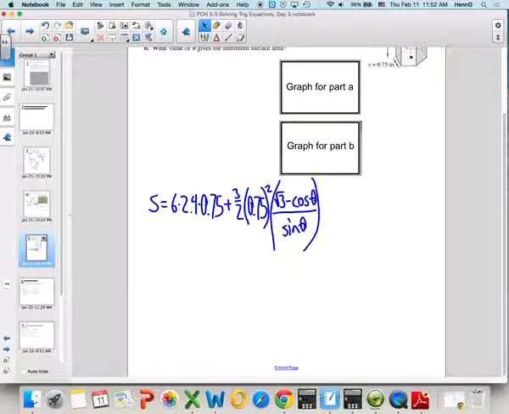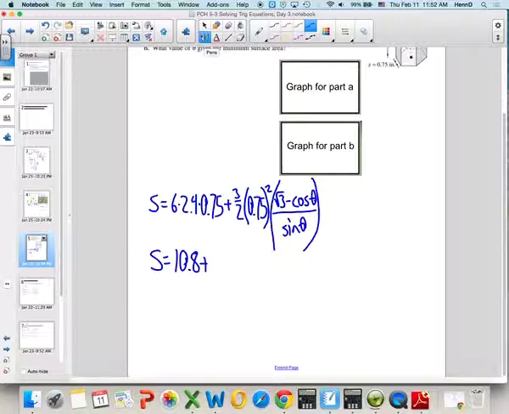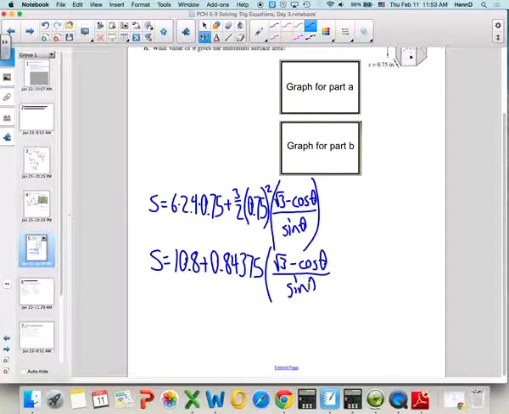So that would be 10.8. S equals 10.8 plus 3 halves of 0.75 squared. What does that come out to? 0.84375. Yeah. Okay. Times the square root of 3 minus cosine theta over sine theta.